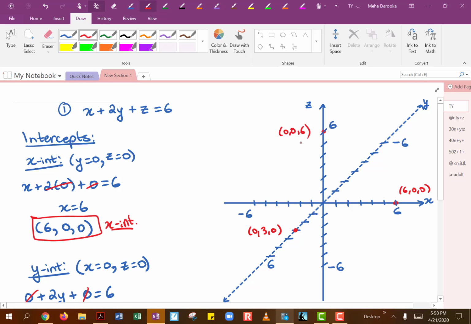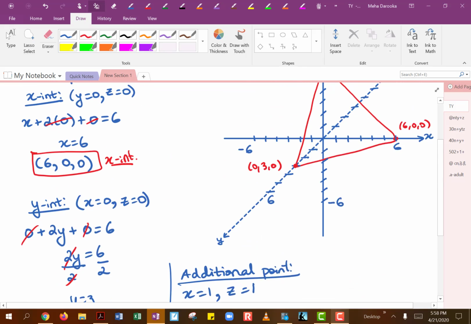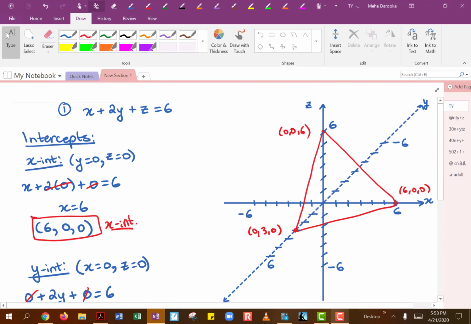And then all you are doing is basically creating a triangle by joining all of these points. So this is kind of what that triangle will end up looking like. And then our additional point, which was 1, 2, 1, is going to be 1 on the x value, 2 on the y value.